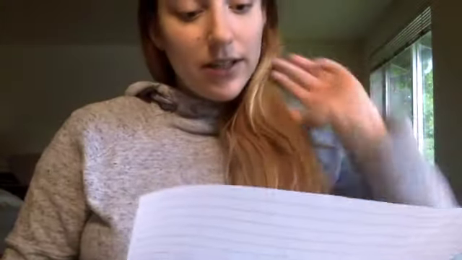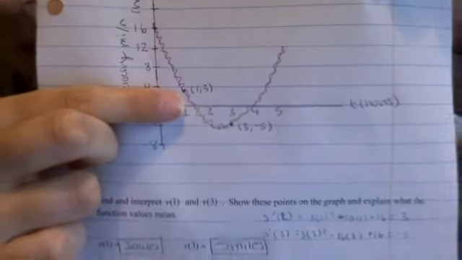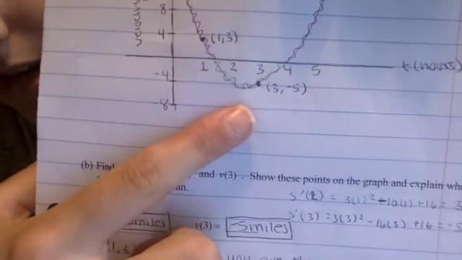So when we incorporate v of 1 into that velocity function, our output is 3 miles. So you can see I notated that here. And then when we incorporate 3 into the velocity function, our output is negative 5 miles, which you can see I've notated here.